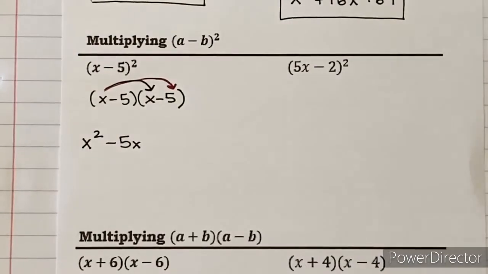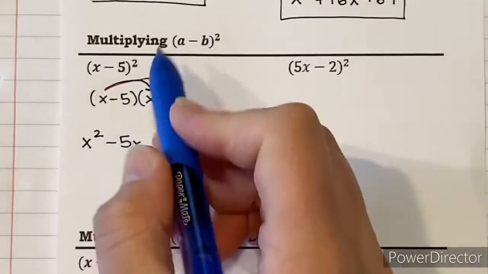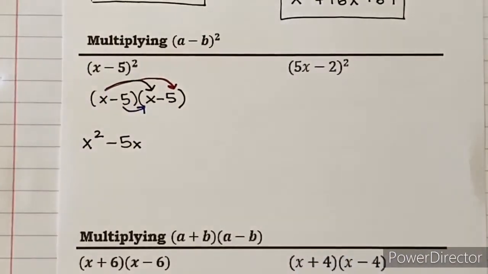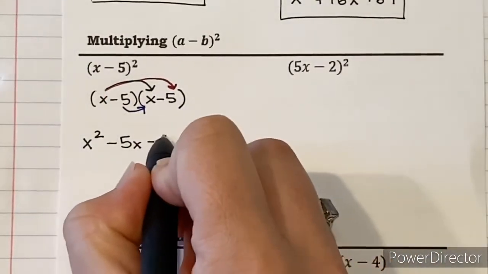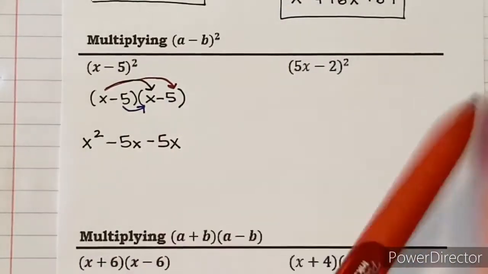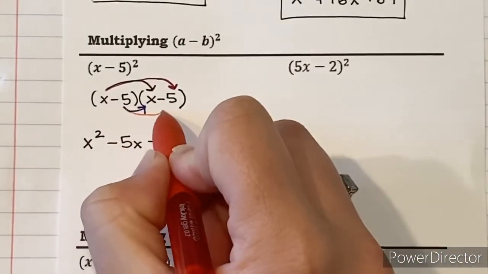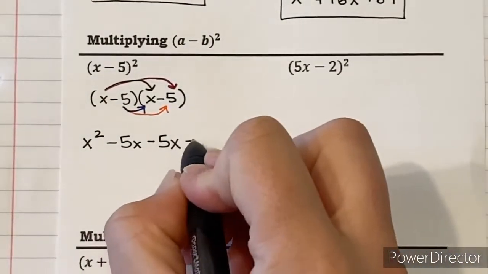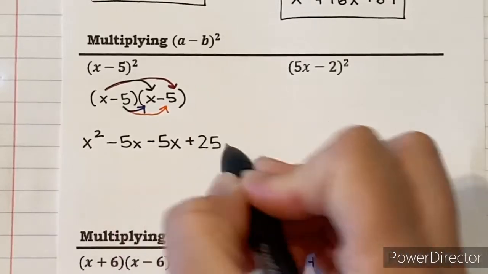And then I've got to distribute this negative 5, and I'm going to draw those arrows underneath. So negative 5 times x is negative 5x. And then L is our last. And we have negative 5 times negative 5, which is positive 25.